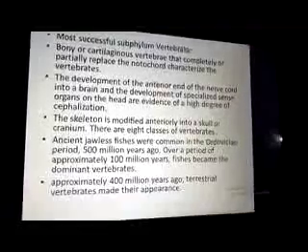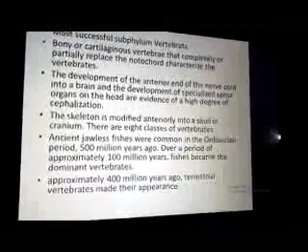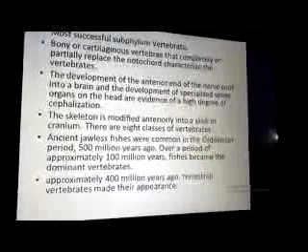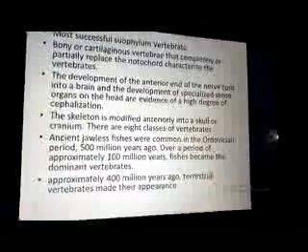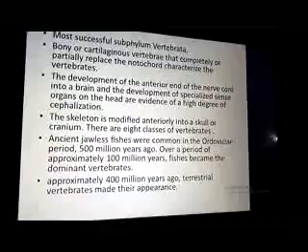If we discuss the history of the vertebrates, ancient jawless fishes were common in the Ordovician period, near about 500 million years ago.